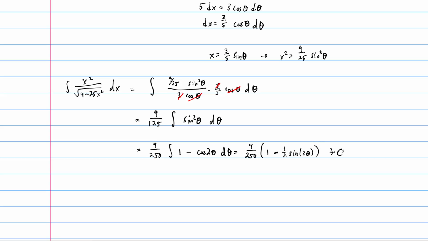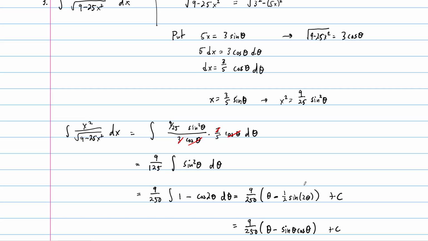We just did one very similar to this, so we know what has to happen with this sine of 2 theta. This all becomes 9 over 250 times theta minus sine theta cosine theta, from the previous work. I didn't integrate the 1, that's got to be a theta.